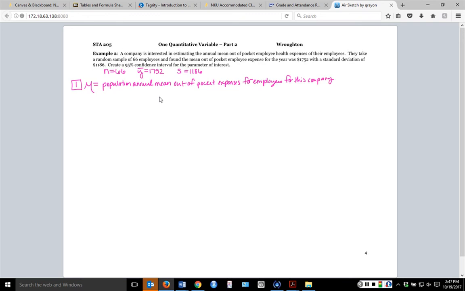So I'm looking at the annual mean out-of-pocket expenses for employees for this company. So that's what I want to know.